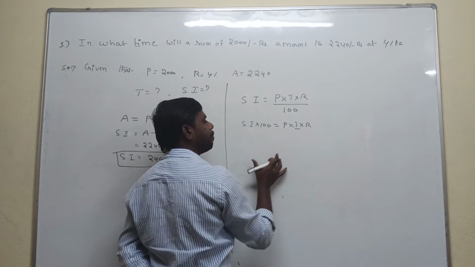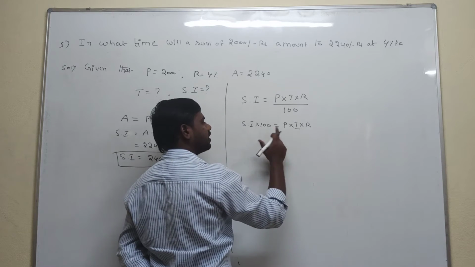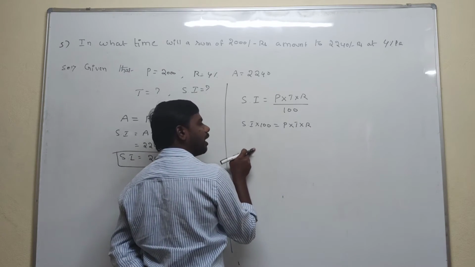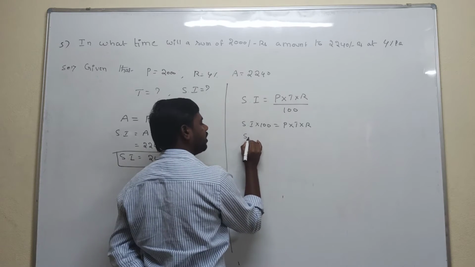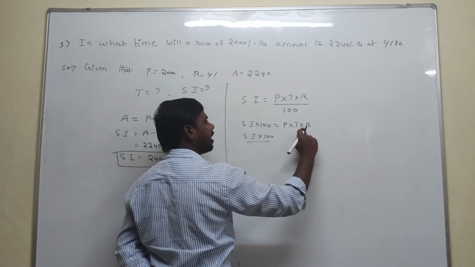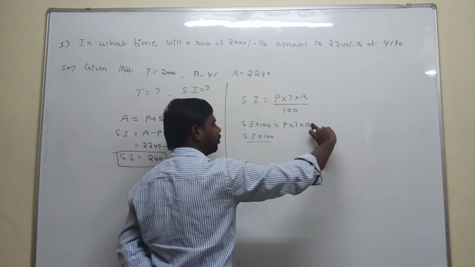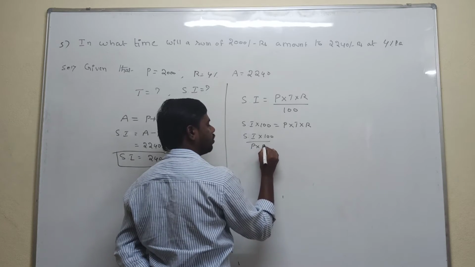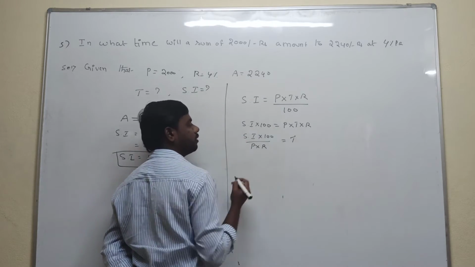What is extra? PR. Divide both sides by PR. So PR goes to the left hand side denominator. That's why S.I. into 100 divided by PR is equal to T.